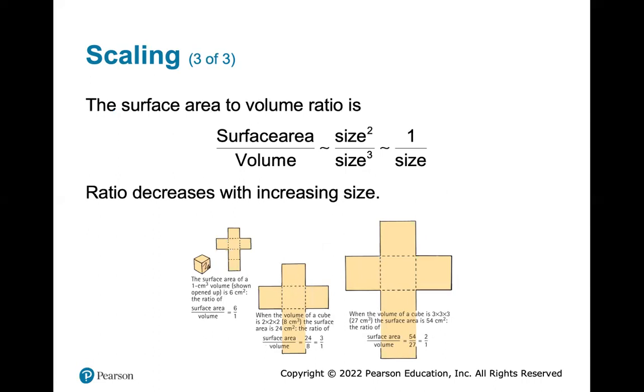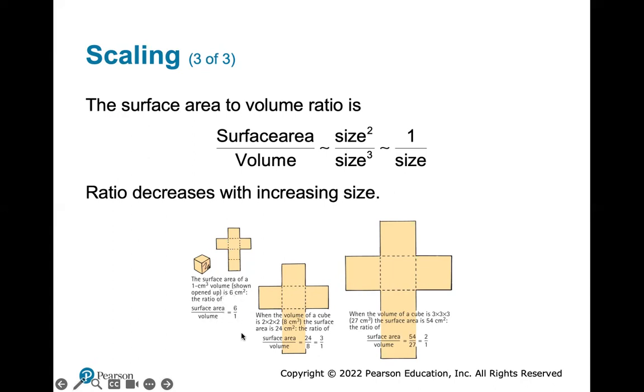Now the surface area to volume ratio. We'll see in our example that it's not always 1. The ratio decreases with increasing size. The surface area of a 1 centimeter cube, shown opened up, is 6 square centimeters.